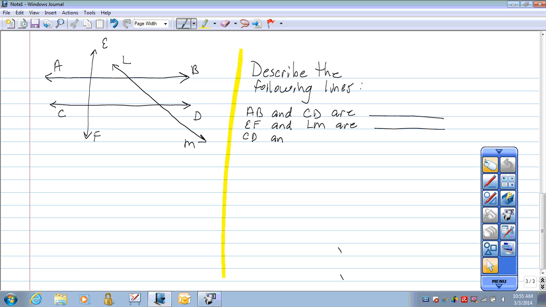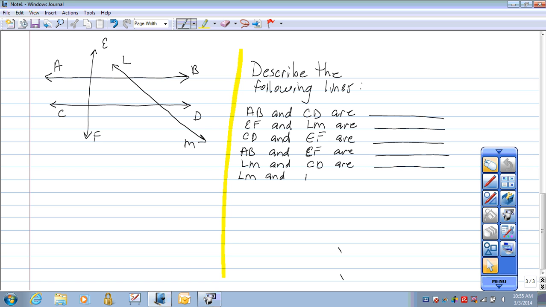C, D, and E, F are. A, B, and E, F are. L, M, and C, D are. L, M, and A, B are.